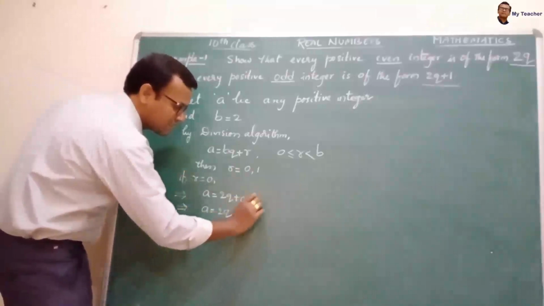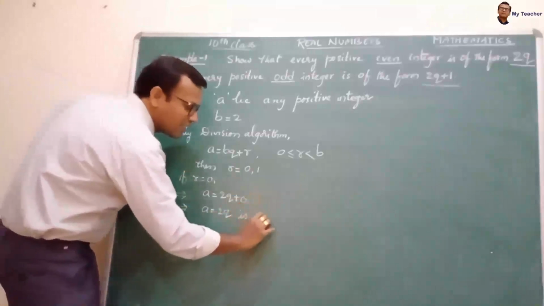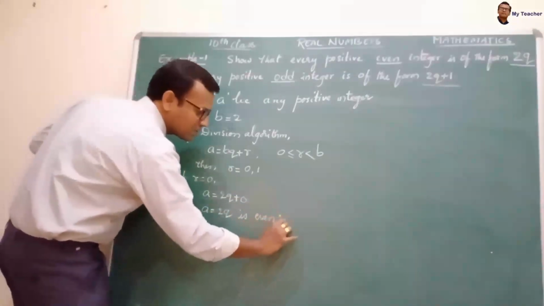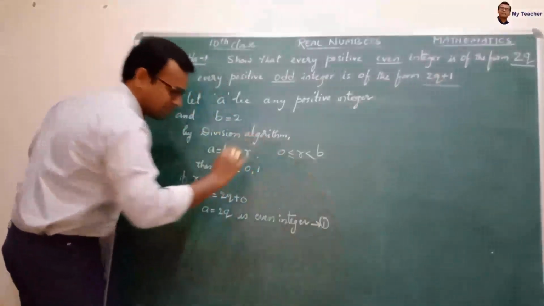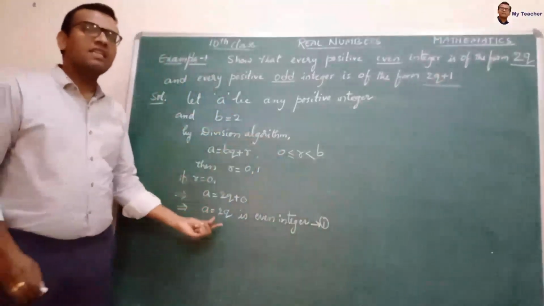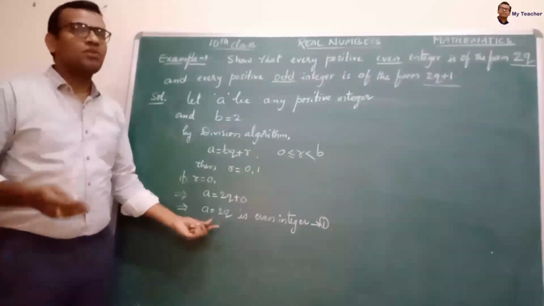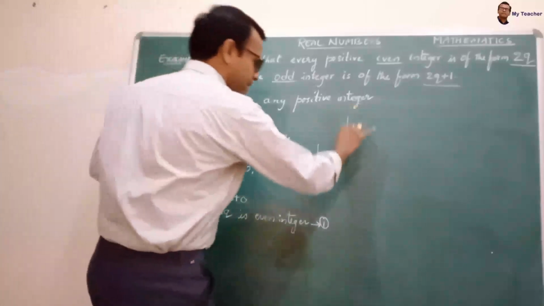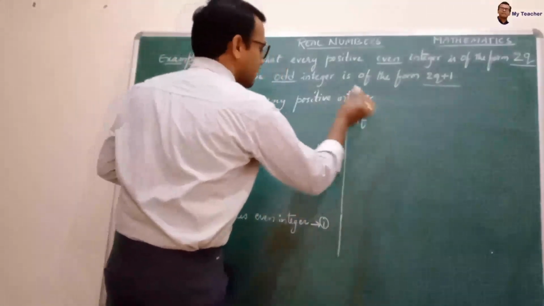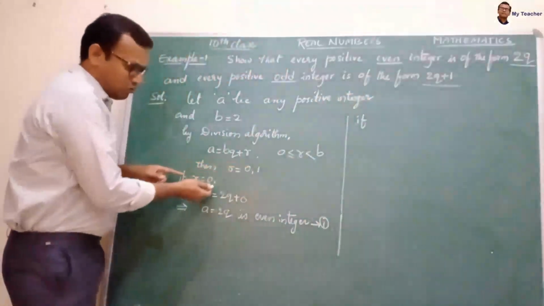Equation number 1. Why? Because this is completely divisible by 2, so it becomes an even integer. Then we have taken r value as 0 in the first case.